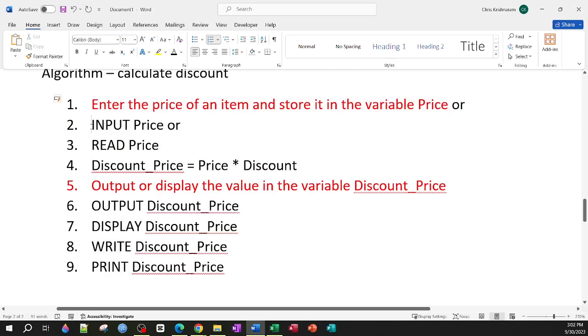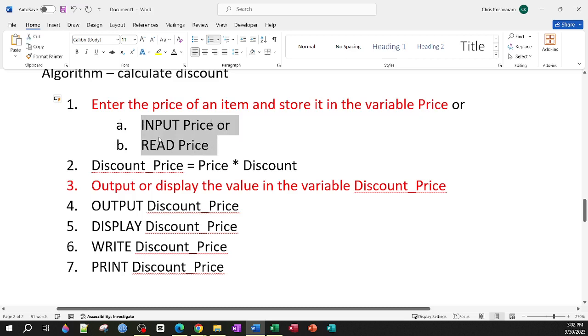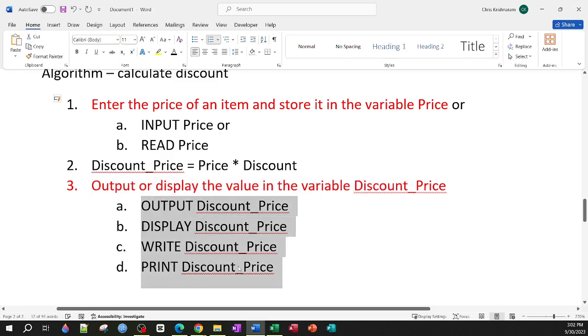But as I mentioned, you could write it as A or B. Enter the price of an item, store it in the value. Then we carry out a calculation. We multiply price and discount, store it into discount price. Step 3, we output that value, or we could write it as, once again, A, B, C, or D.